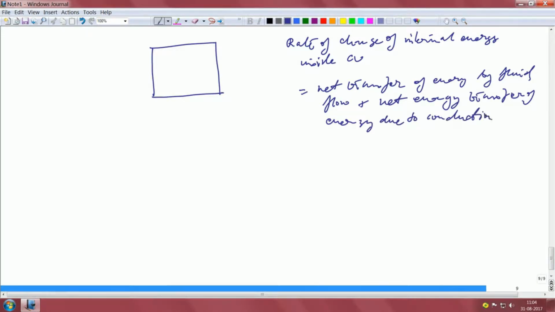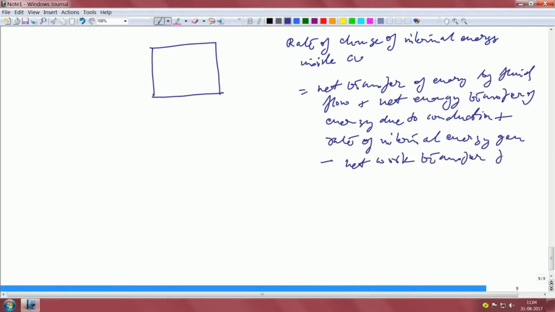Conduction means diffusion, that is how the energy will be transferred. Plus the rate of internal energy generation. This can be important: within the control volume, for example, we may have some source of heat which is generating energy. That is also possible. And then minus the net work transfer from the control volume to the surroundings.